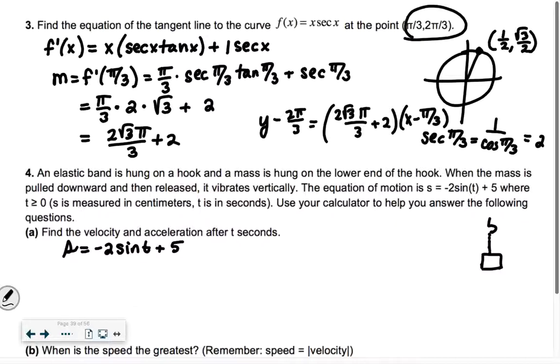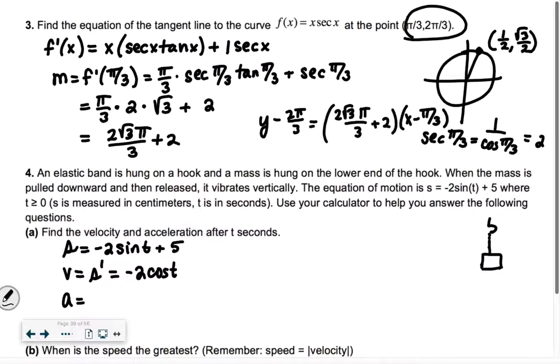So if I want to find the velocity, what I do is I take the derivative of s. So velocity is s prime, the position function's derivative. So when I do, I get -2 cosine of t, and then plus 0, because the derivative of 5 goes away. And then my acceleration, well, that's going to be like feet per second squared.